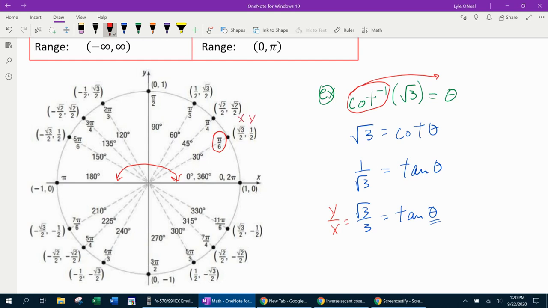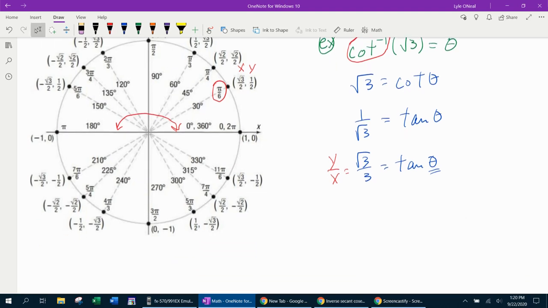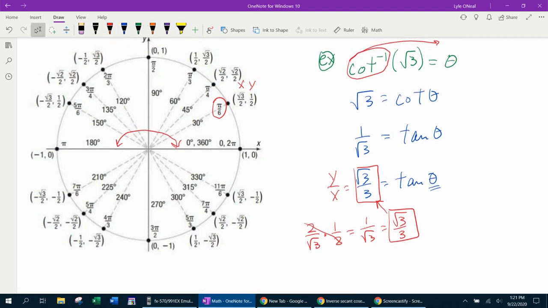If this is my x and my y, and I need to do the reciprocal of x times y, the 2's will cancel, giving me 1 over square root of 3, which is equal to square root of 3 over 3, which is the value that I needed. Okay, so the answer to this problem should be pi over 6. And that's it for the first example. Now let's go look at another example.